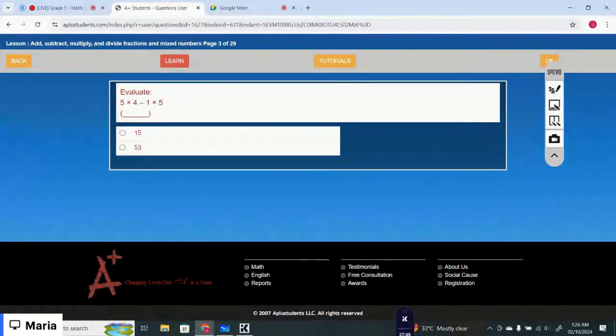Okay, the next one is evaluate 5 times 4 minus 1 times 5. Which is the correct option?